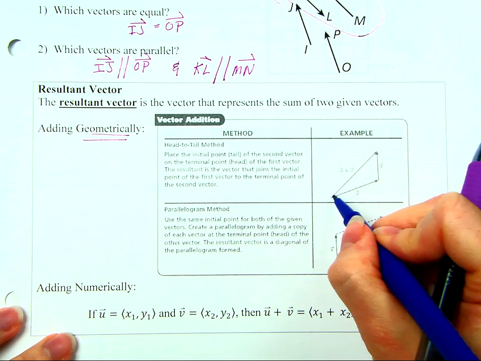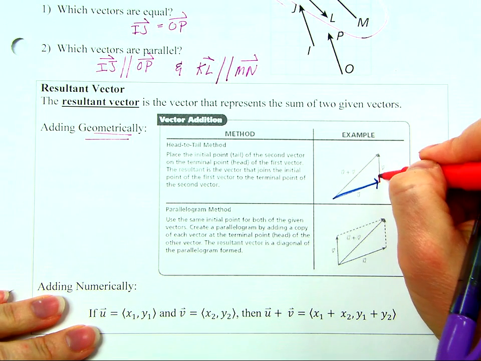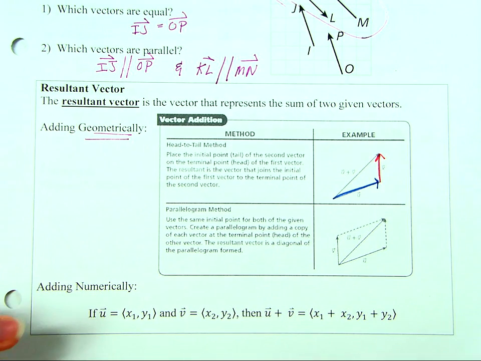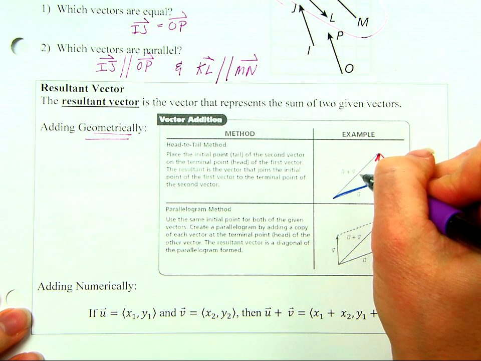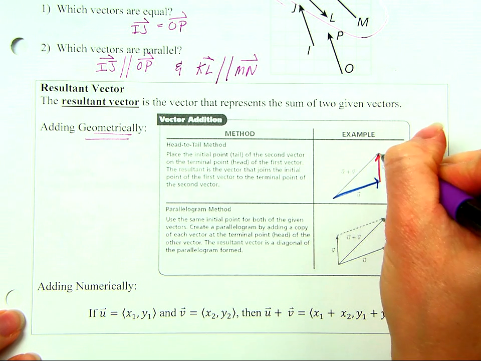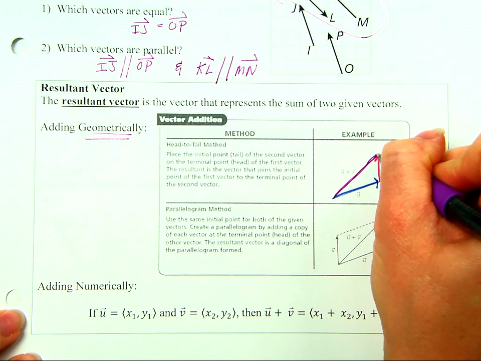Here, if I take my vector u, and I have another vector v, and I add them together, my resultant vector is u plus v. This is the adding head-to-tail method, one to the other, and my resultant vector would be here in the purple.